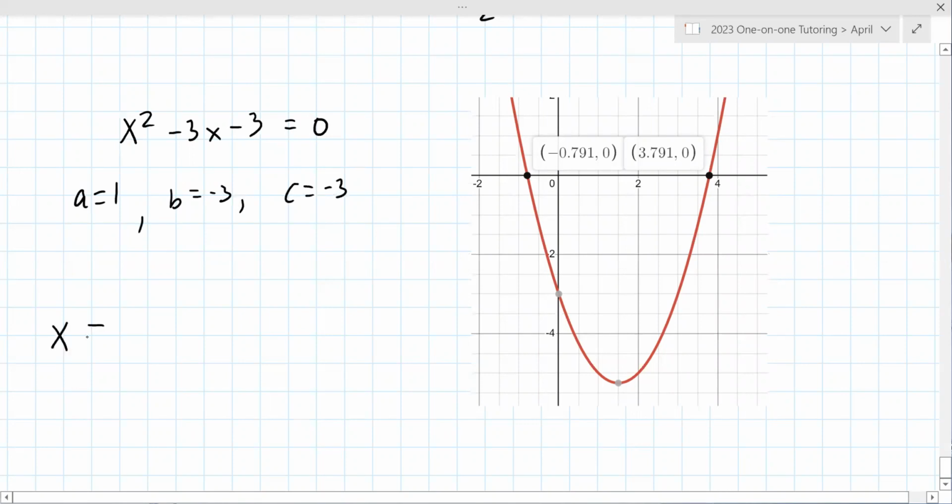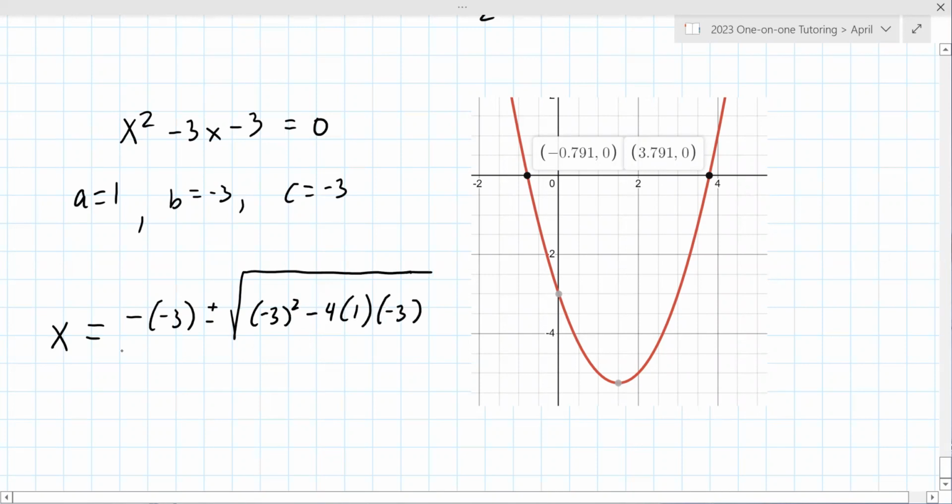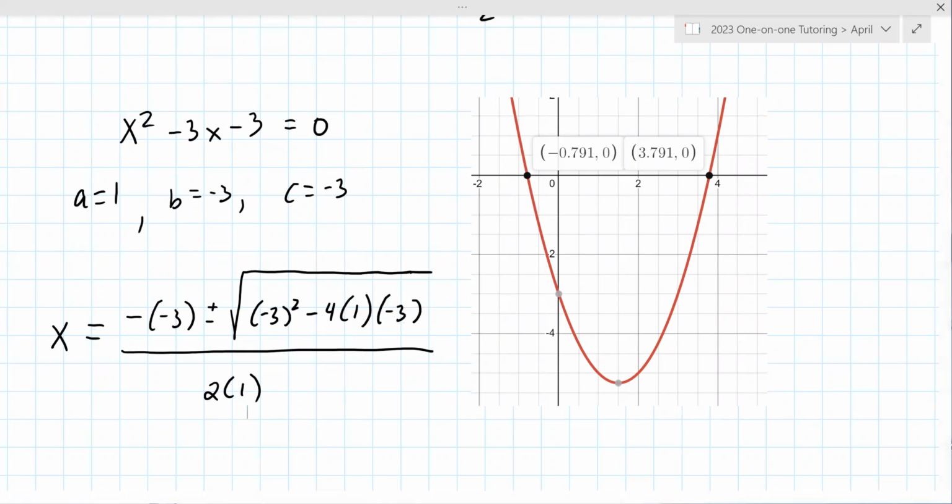So we have x equals -3 plus or minus the square root of -3 squared minus 4 times 1 times -3, and again that's a subtraction, all over 2 times 1. Let's just focus on the part under the root now. Can you tell me what that simplifies to, please?